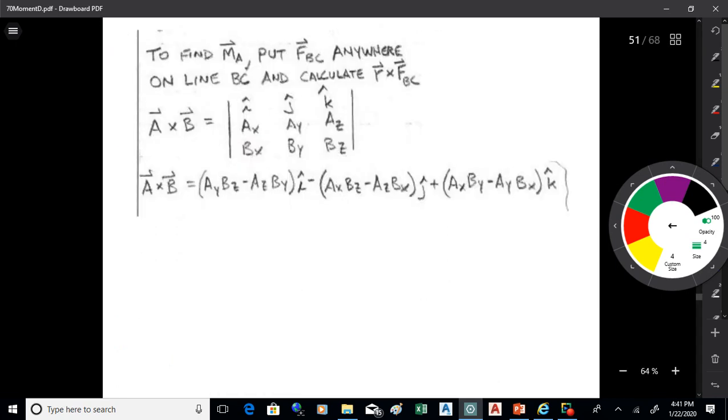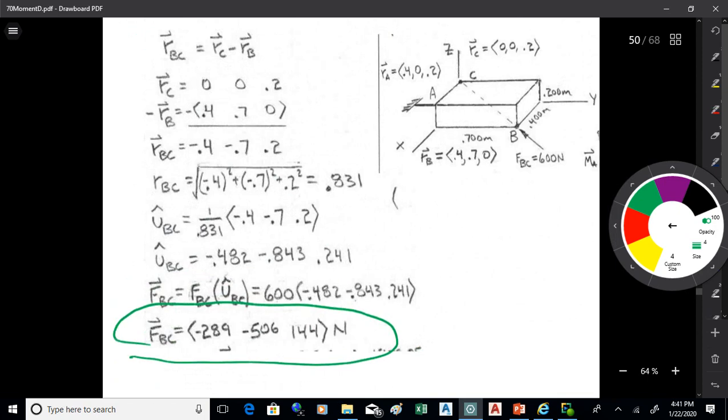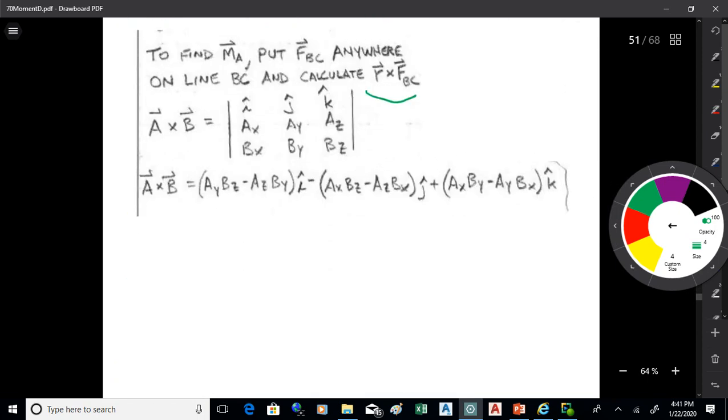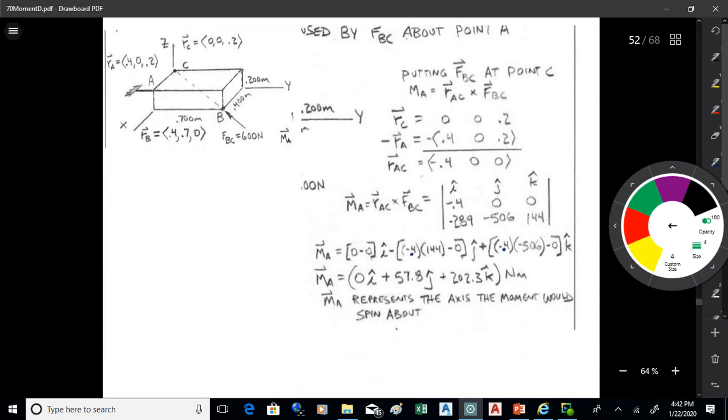What I'm going to do this time is a cross product. I'm going to calculate R, a position vector from A to C, and I'm going to cross it with the force. And that's all I got to do, and that will kick me out a 3D moment vector. So my vector from A to C, my position vector from A to the force, will be RC minus RA.